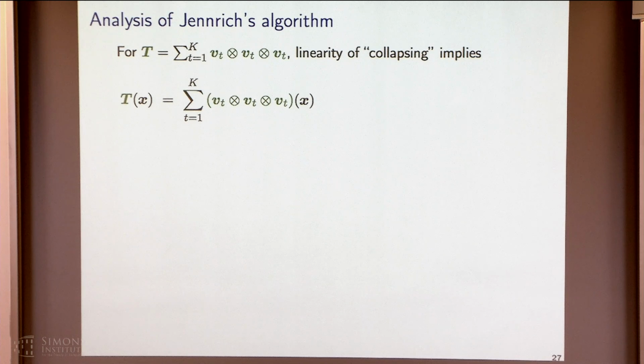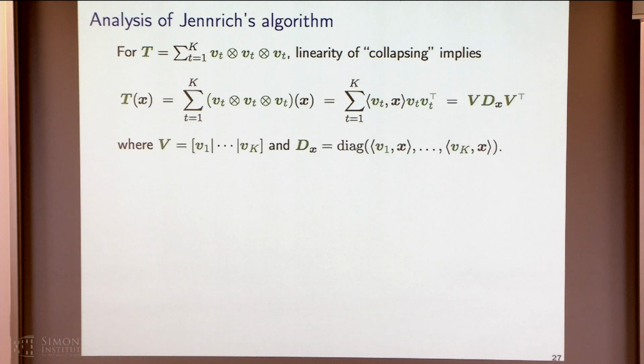Okay, so the linearity here is just when you collapse the tensor T with vector x, it's just collapsing each of these tensors with vector x, and then you add it up. In that case, it's just the inner product of v_t and x times v_t transpose. So it's the rank 1 matrix scaled by this particular inner product, and then you add up these rank 1 matrices.